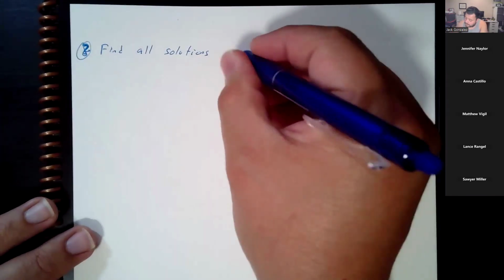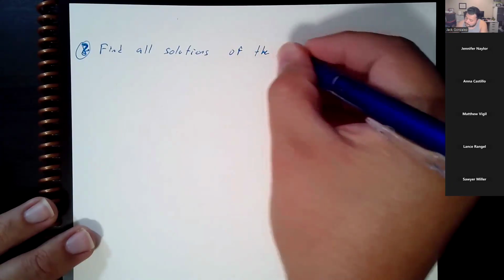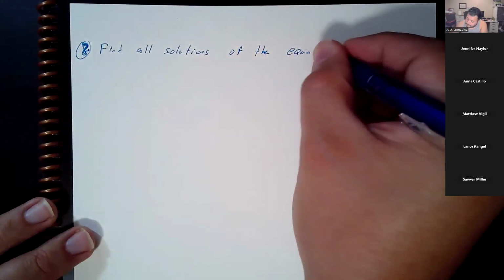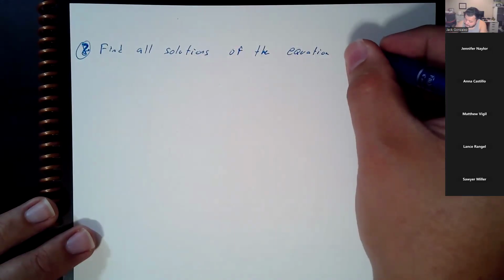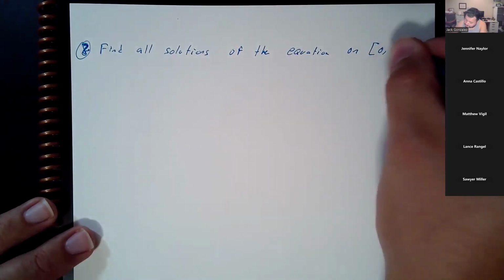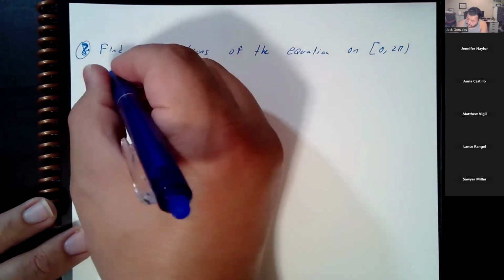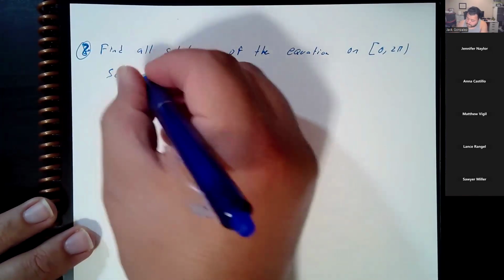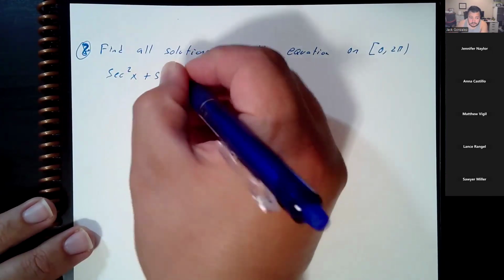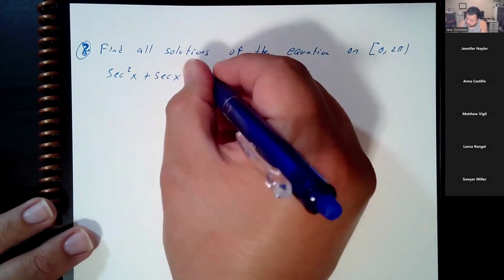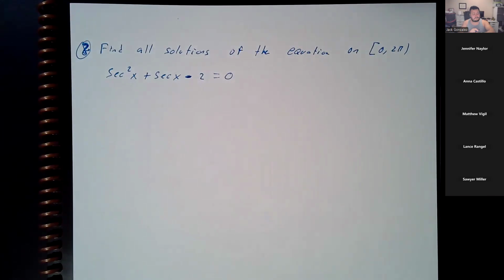Find all solutions of the equation on this interval. So what does that look like to you?